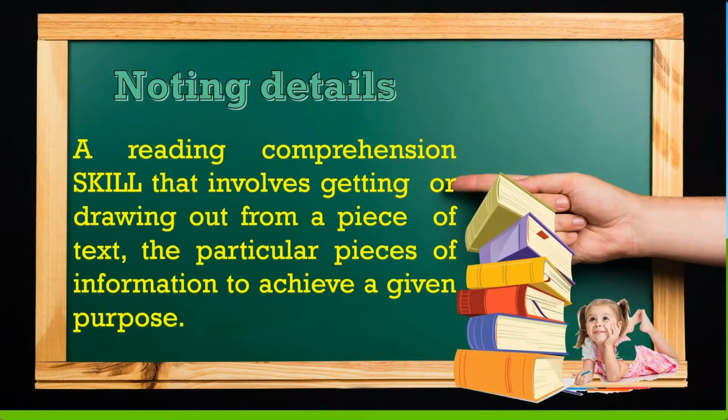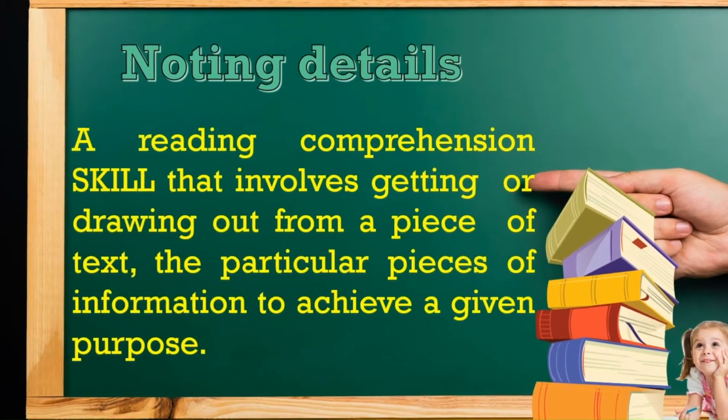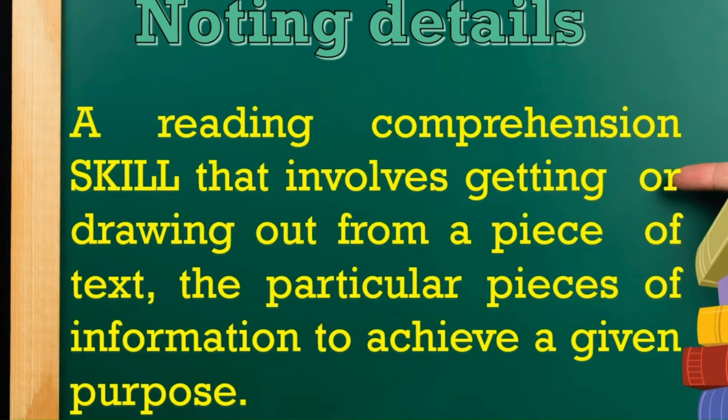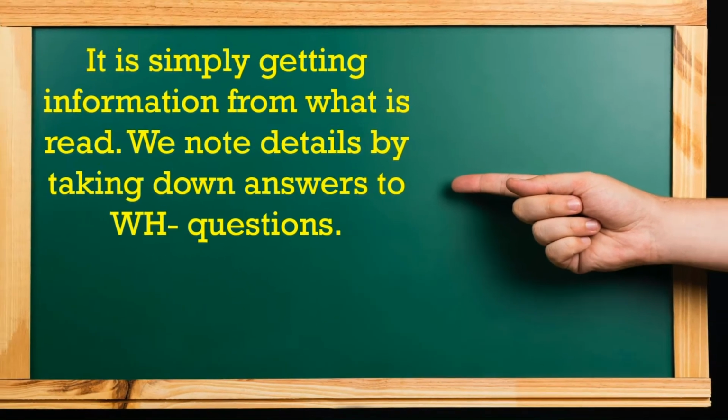The last one is noting details. Noting details is a reading comprehension skill that involves getting or drawing out from a piece of text the particular pieces of information to achieve a given purpose. Noting details is simply getting information from what is read.